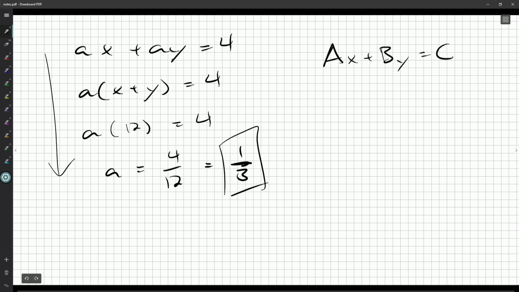This is sometimes called standard form or general form. You're probably more familiar with y equals mx plus b, and you know that parallel lines with y equals mx plus b have the same slope. So we'll say y equals mx plus g or something like that. So you can very easily find parallel lines that way.